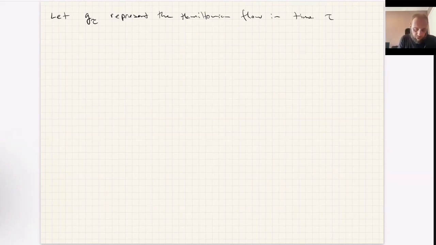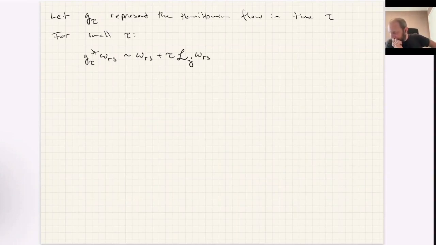So for small tau, if you do G_tau star on omega, to leading order in tau it would be equal to omega itself plus tau times the Lie derivative in the flow direction of omega, right? Okay.